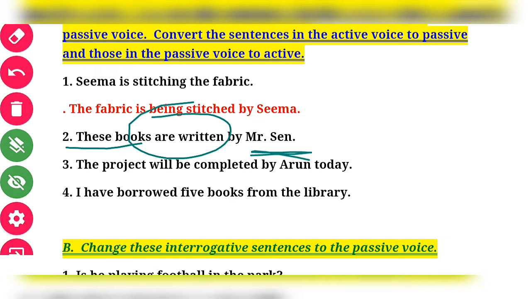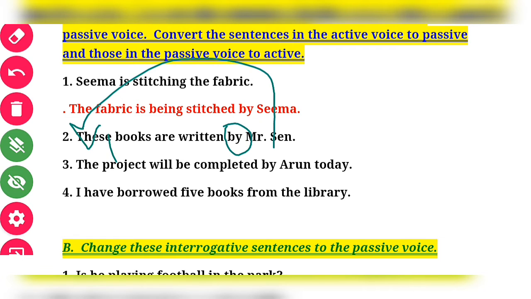Sorry, this sentence is already given in passive voice because by is already used here. First of all you have to identify whether the sentence is given in active voice or passive voice. So it is given in passive, and here you have to change it into active voice. So first of all, the object becomes the subject and the subject becomes the object.